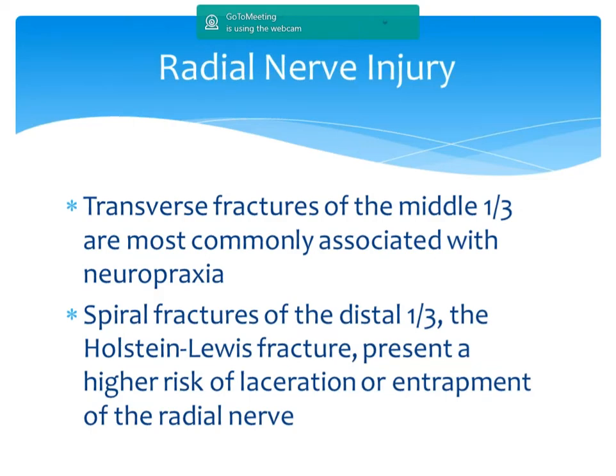Transverse fractures of the middle one third are most commonly associated with neuropraxia. A spiral fracture of the distal one third, the Holstein-Lewis fracture. What is Holstein-Lewis fracture? This is an important viva question or exam question for you. Holstein-Lewis fracture is a fracture of the distal one third of the humerus associated with a radial nerve injury. Usually, this is a spiral fracture.